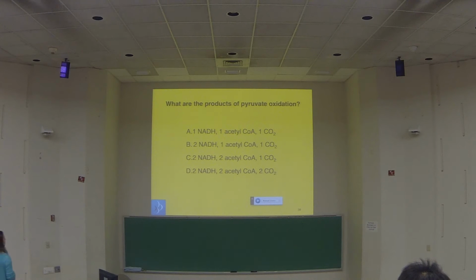So what are the products of pyruvate oxidation for one molecule of pyruvate? One of everything: one NADH, one acetyl-CoA, one CO2. If I had said, starting with one molecule of glucose, what's produced after pyruvate oxidation, what would it be?